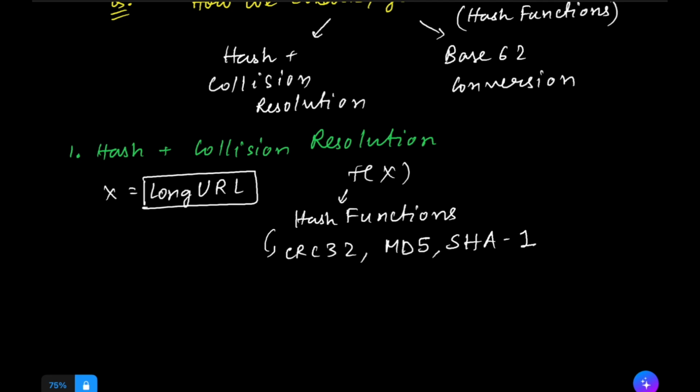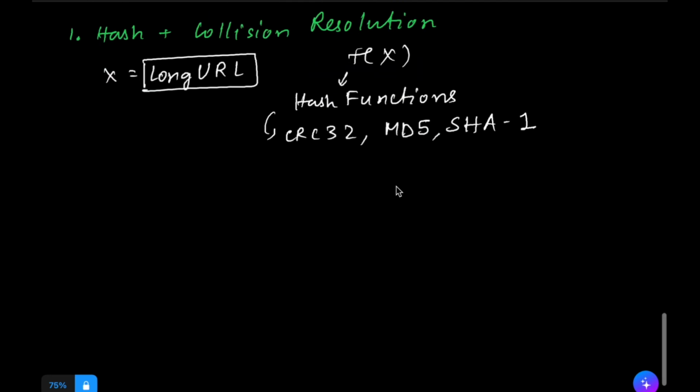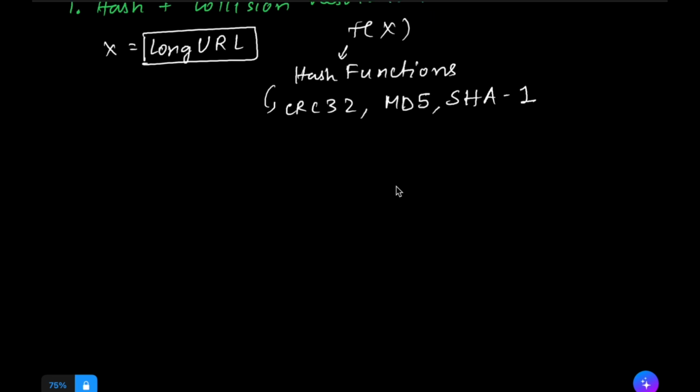All these hash functions we can use to generate the hash values. Let's look at an example of a particular URL, what hash values are generated by these well-known hash functions, and then we will discuss the problem with them, how we have a collision, and how we resolve it.